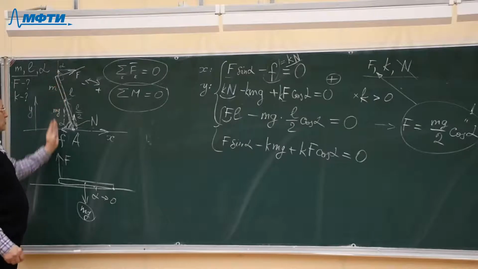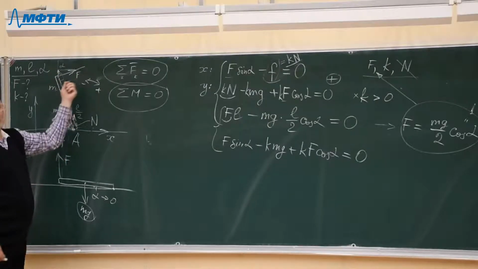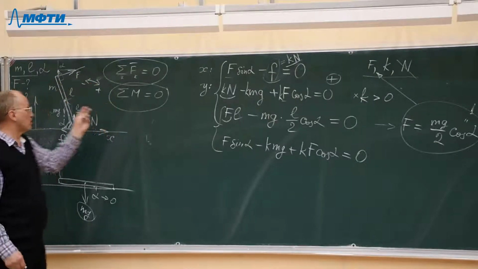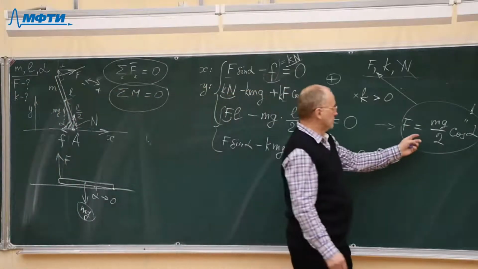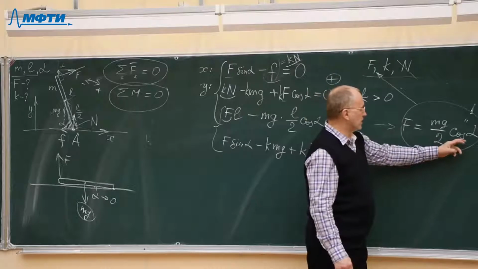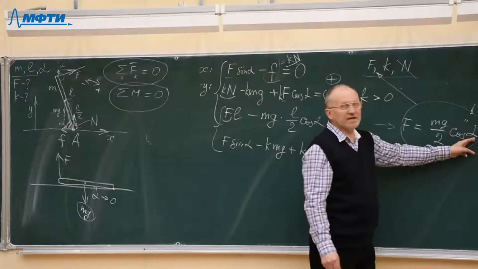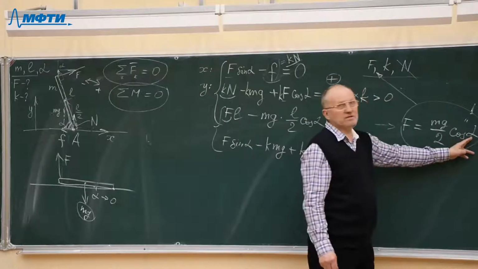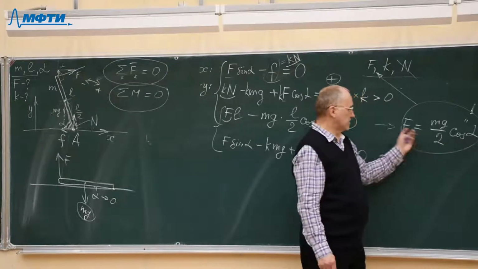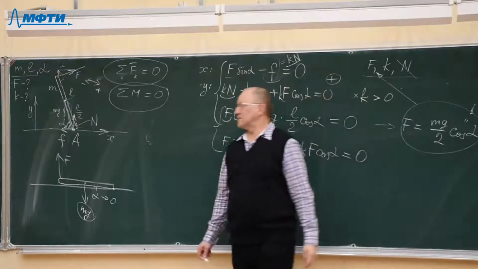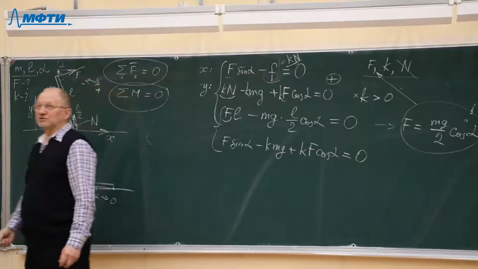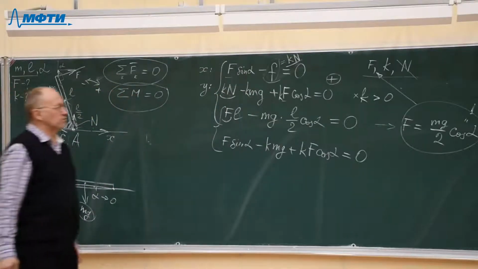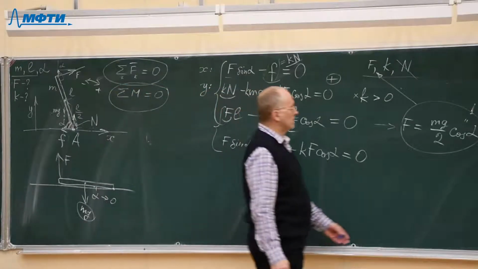If the rod just stands vertically, you must apply 0 force in order to keep it vertical. So it's exactly what the formula gives. If alpha is 90 degrees, then cosine alpha is 0, and the force will be 0 in this position of the rod, in vertical position of the rod. The force must be 0, and that's exactly what gives you this formula.